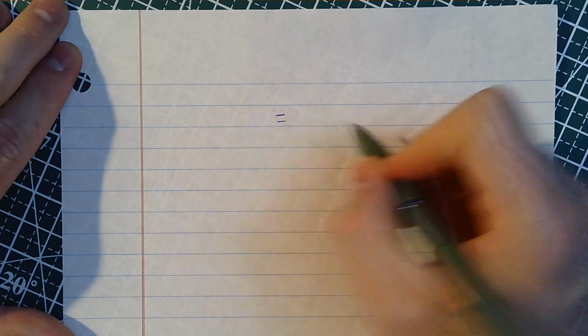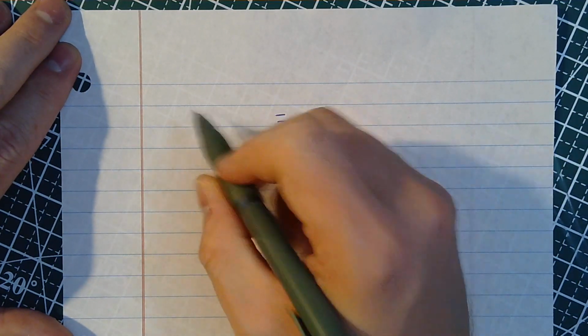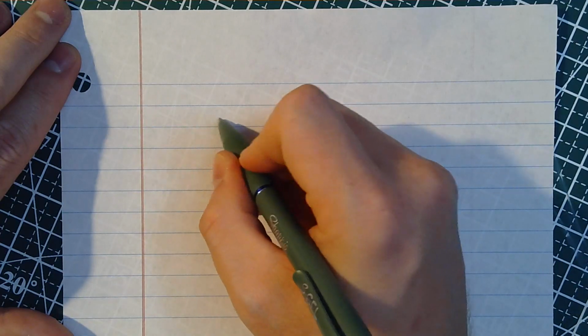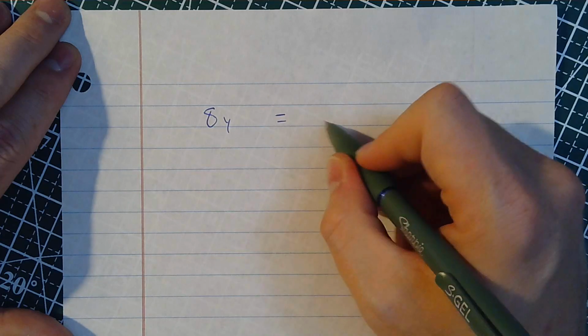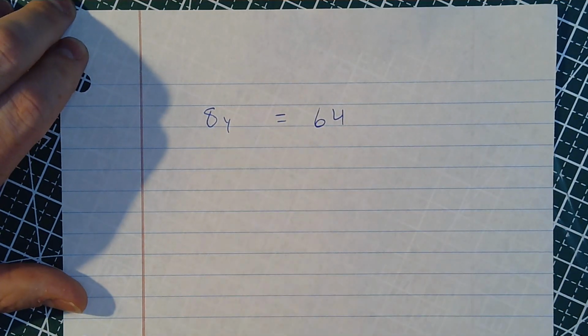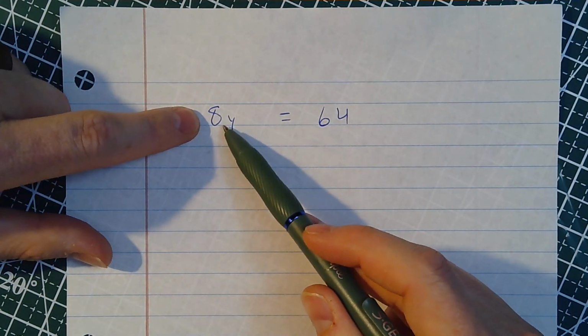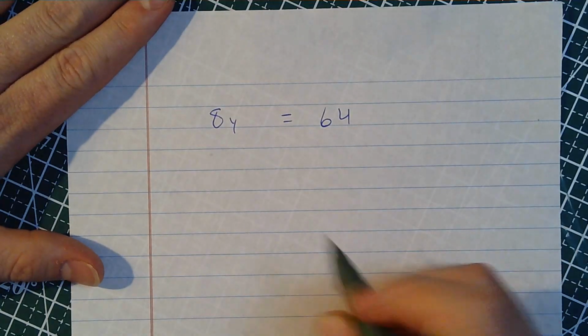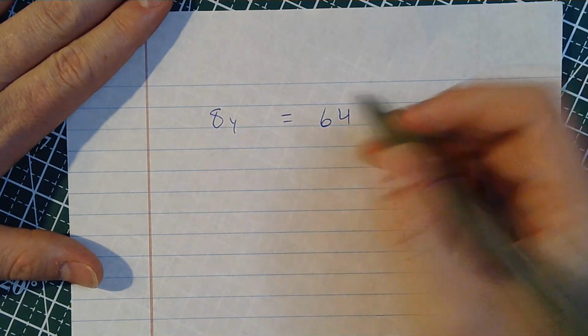Whatever's on this side has to equal this side. I am going to do 8y equals 64.